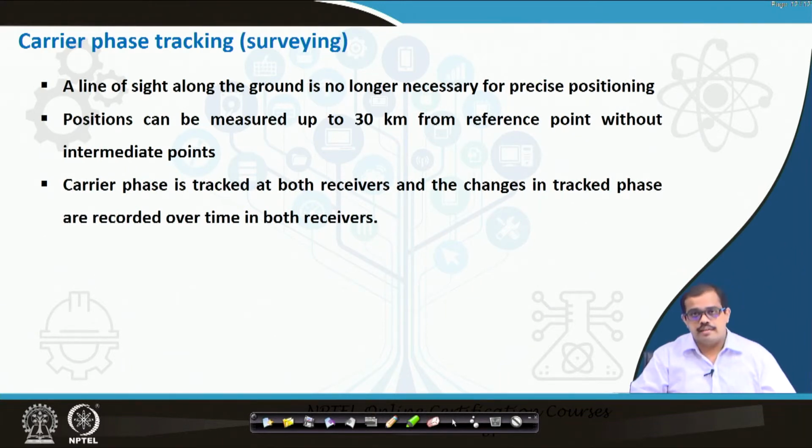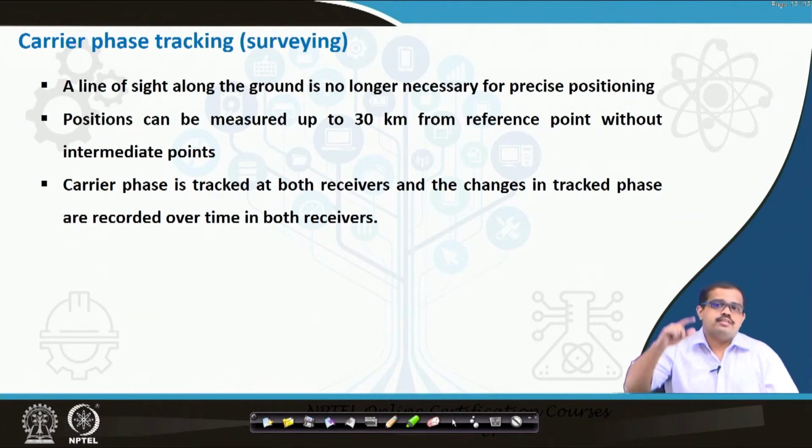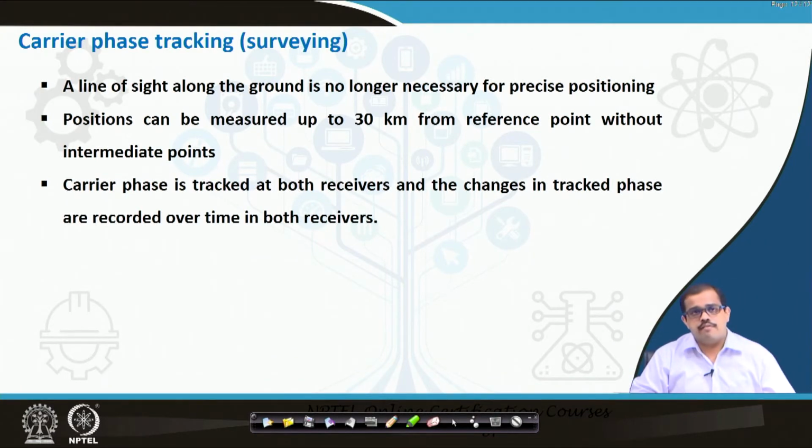Please keep this in mind. Anywhere on the Earth's surface, without having an intermediate point, I can look at the reference point. With the measurement of the reference point, I can look at other points to be measured, but you should know the reference point. That is very important. To know the reference point, again you need the GPS system, with a precise value on the ground.